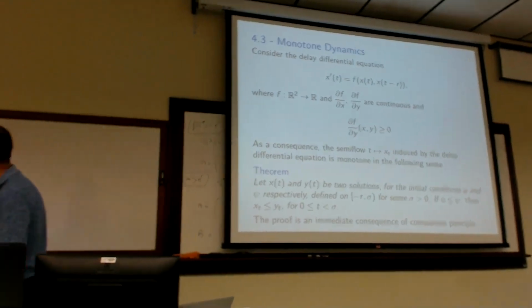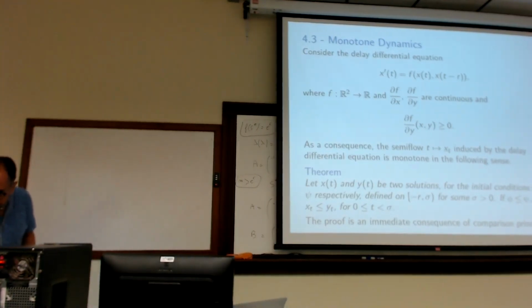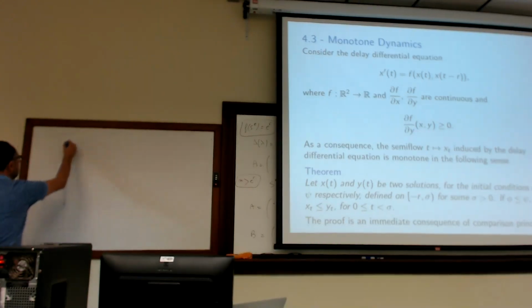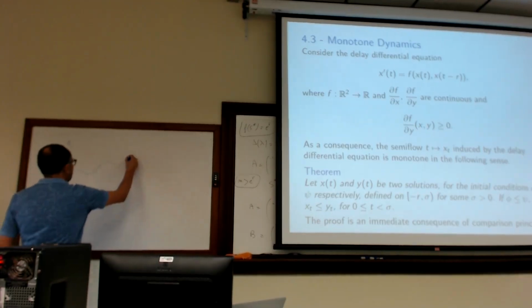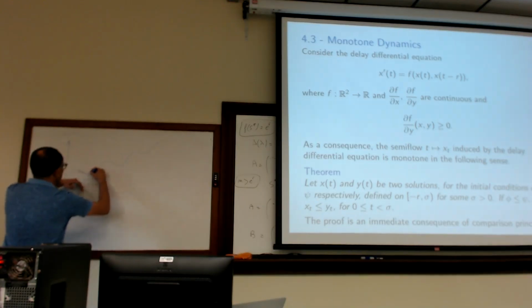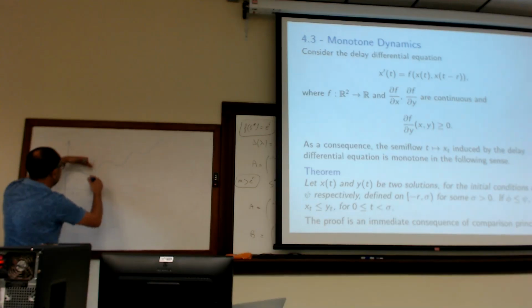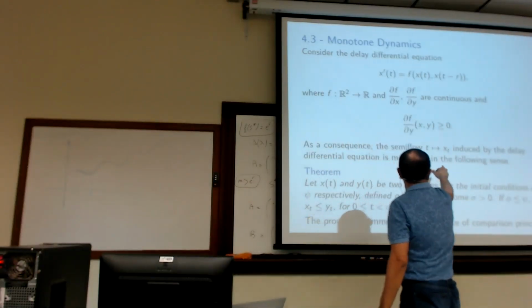You can have a function not necessarily monotone, but for each time t, it's like this part is monotone when it moves, and this part also is monotone in terms of t.